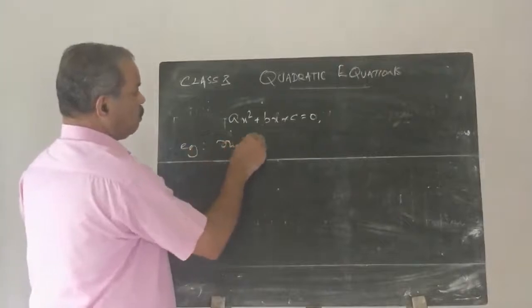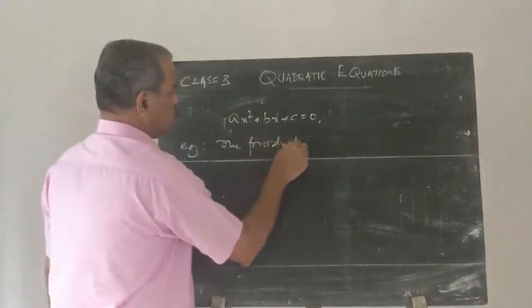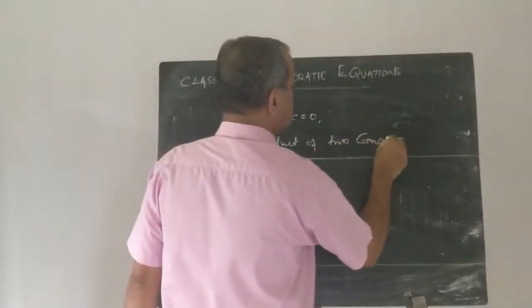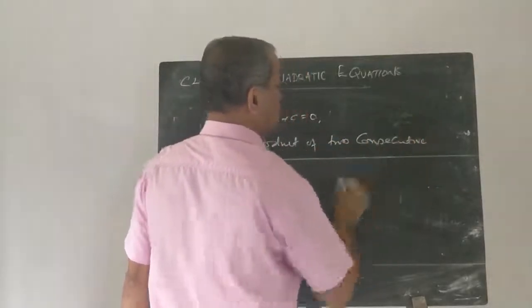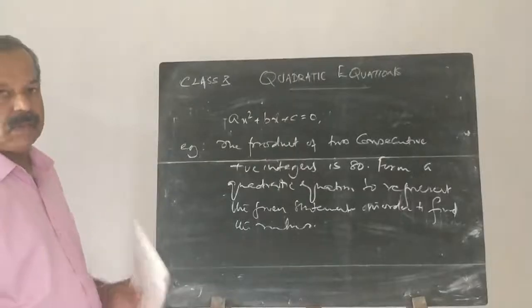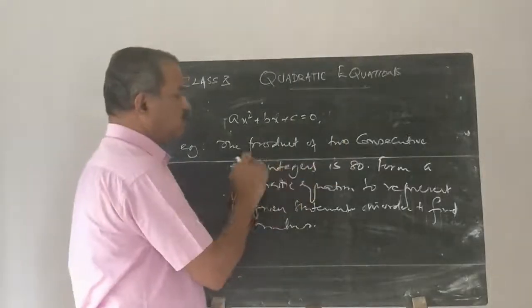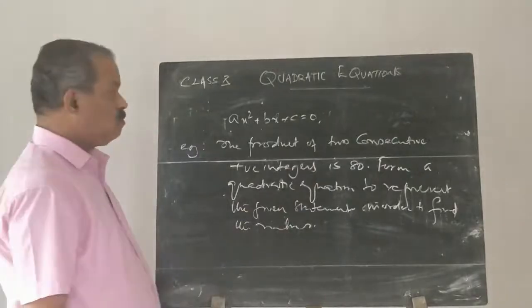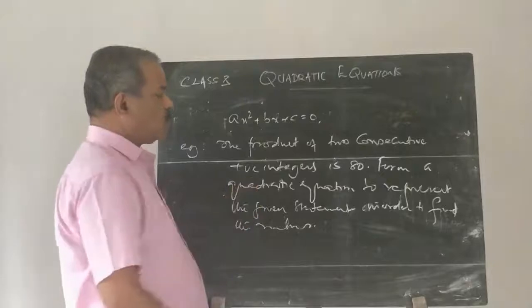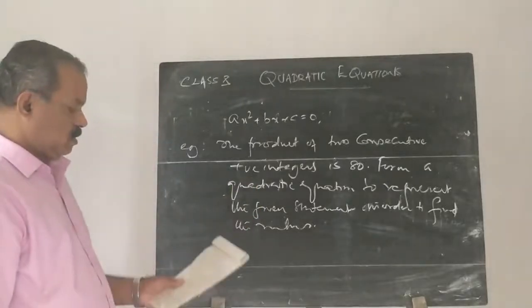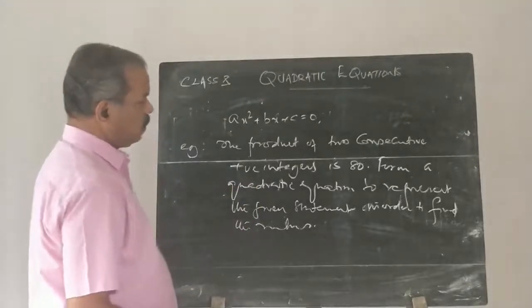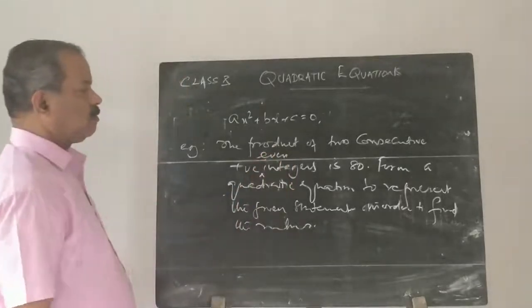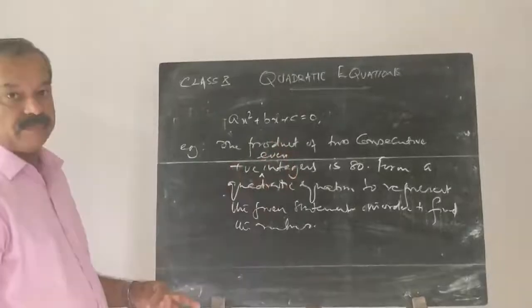The product of two consecutive positive even integers is 80.